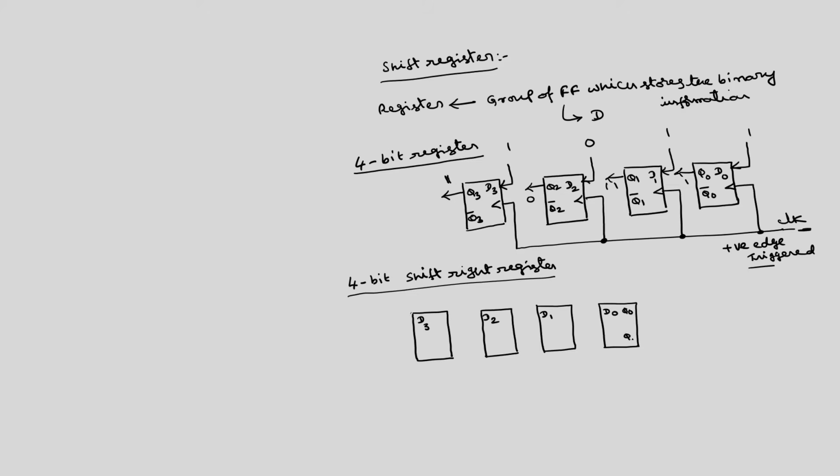Correspondingly, the outputs are Q0, Q0 bar, Q1, Q1 complement, Q2, Q2 complement, Q3, Q3 complement. Here the data that has to be fed is given here. This is called MSB in, and the data from Q3 will shift to D2, Q2 to D1, Q1 to D0, and this data will be lost.